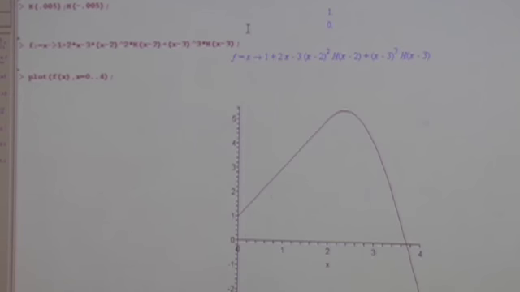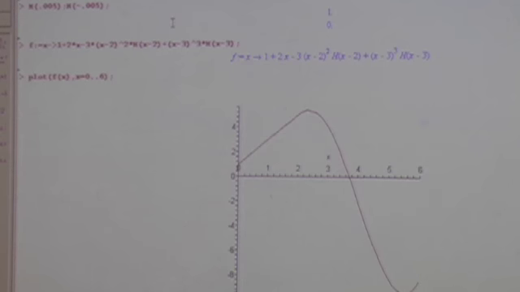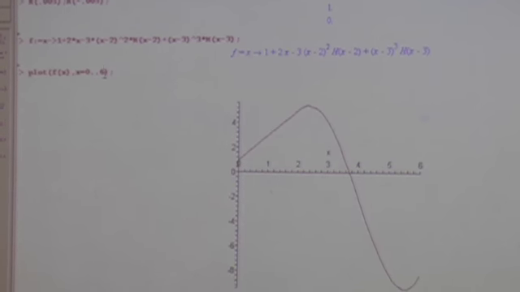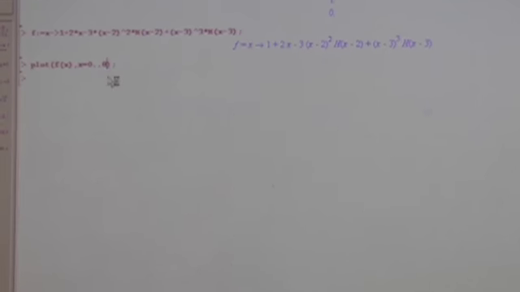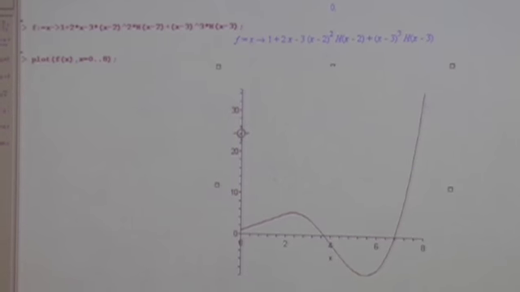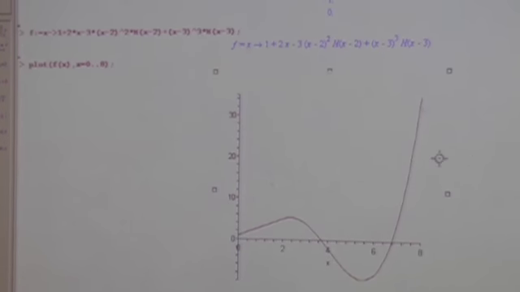That's not so exciting. I needed x to go from 0 to 5 maybe, and 0 to 6. Okay, it's starting to be more interesting. Linear, quadratic, cubic is that one now.